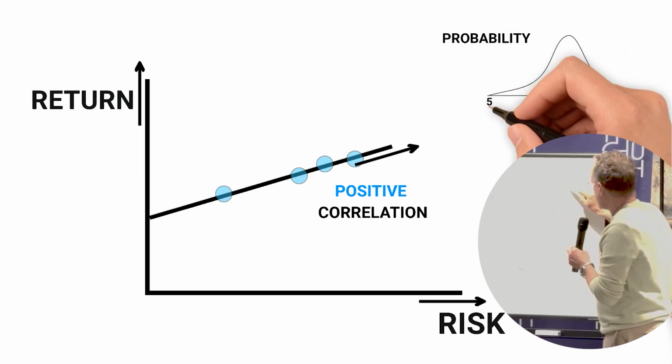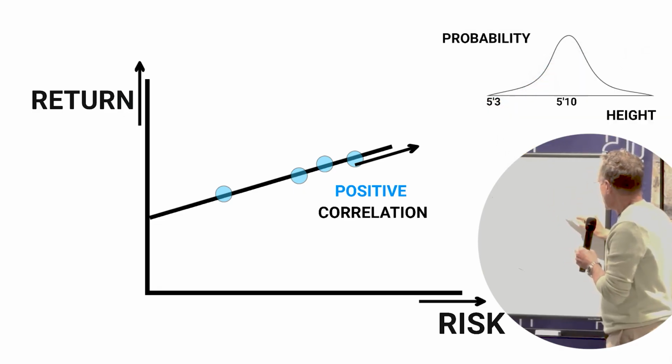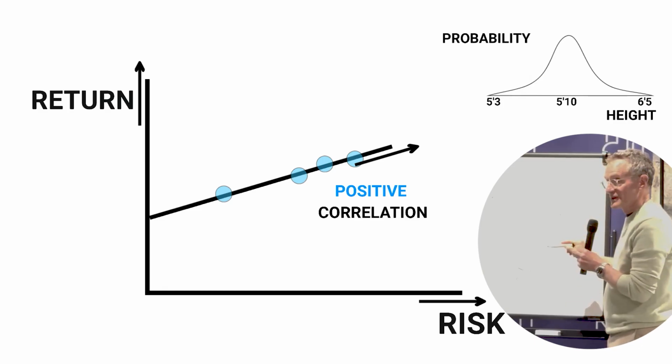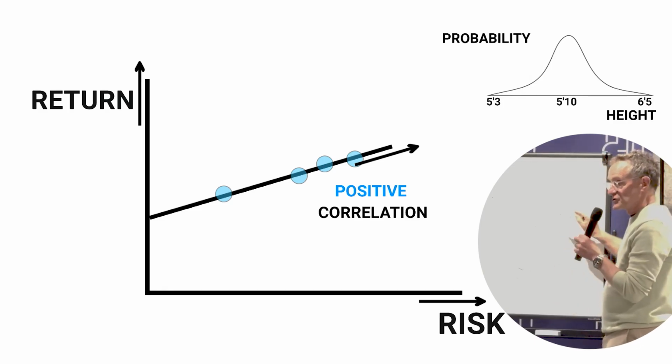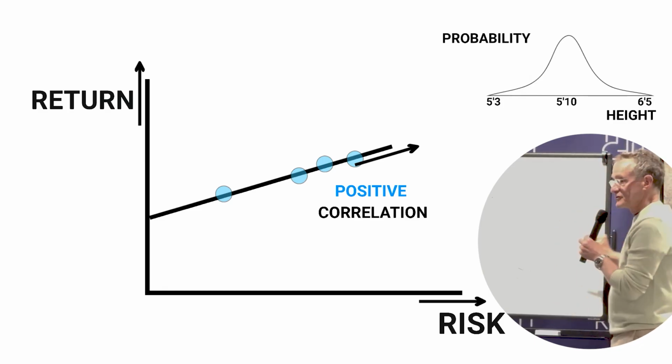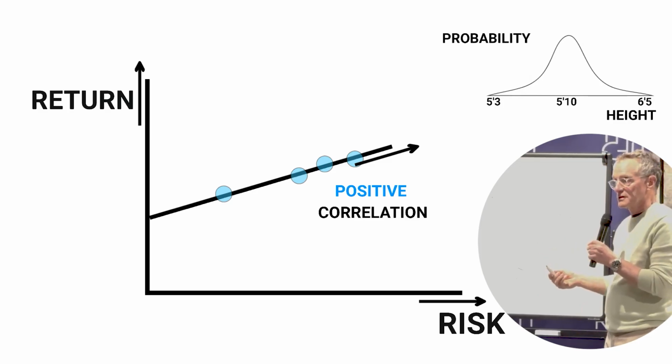So we know what the average height is, 5'10", and we know that some people are 6'2", and some people are 5'8", and once in a while you'll find somebody who's 5 feet, and once in a while you find somebody who's 7 feet. And so the distribution of heights follows a bell-shaped curve.